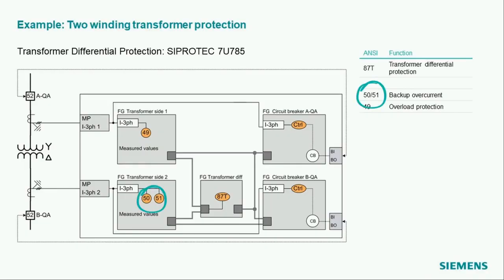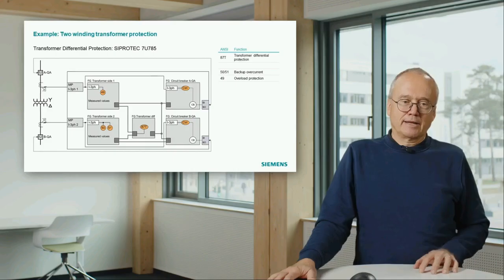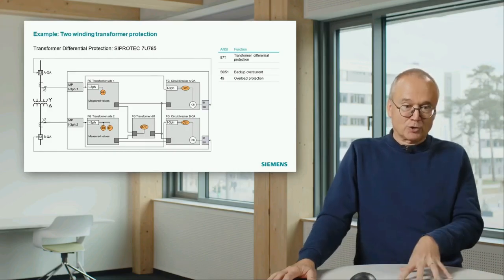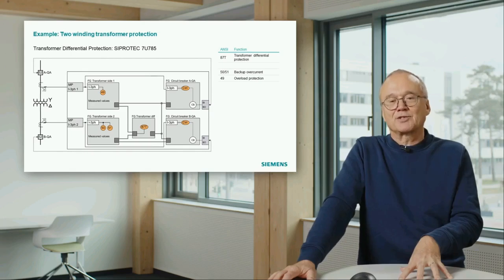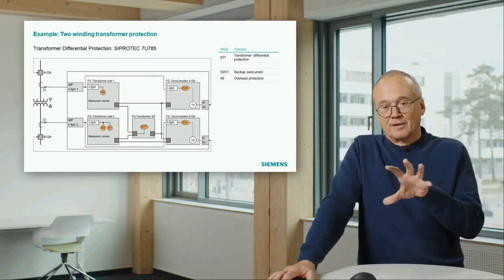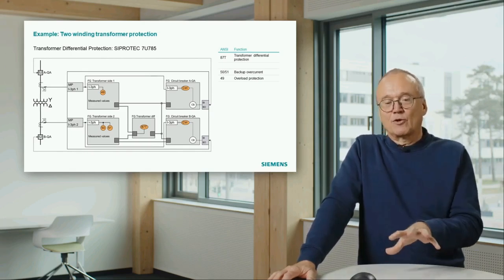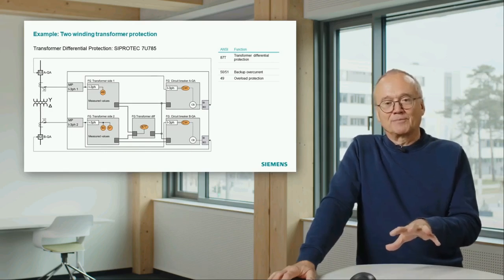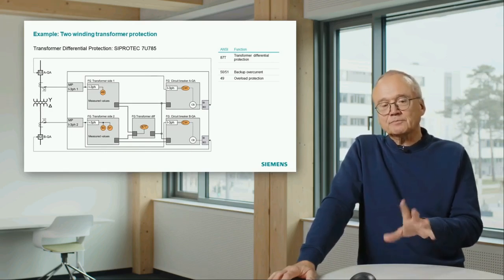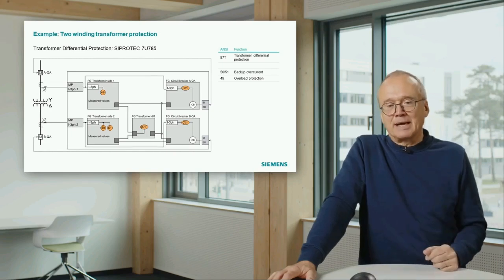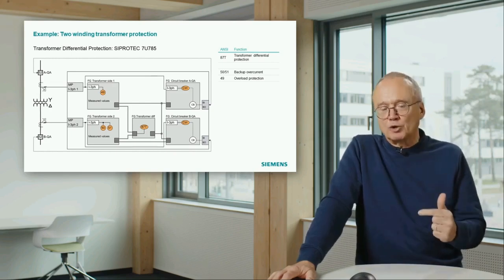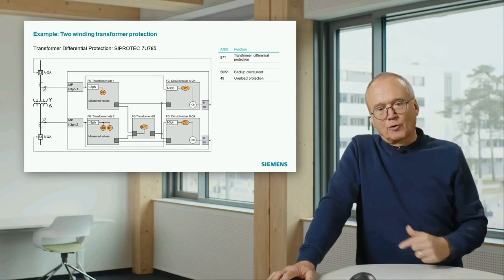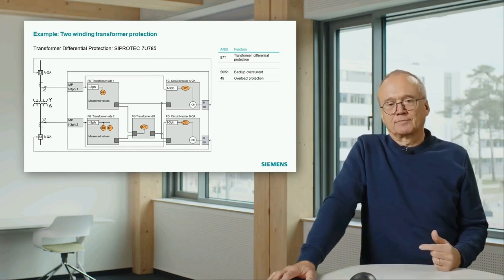And we have 50 and 51, which is a backup. In this case, as the main short circuit protection is done with the 87T, the faults in the transformer are detected with 87, with the differential. The overcurrent here is mainly used as a remote backup for the following lines.